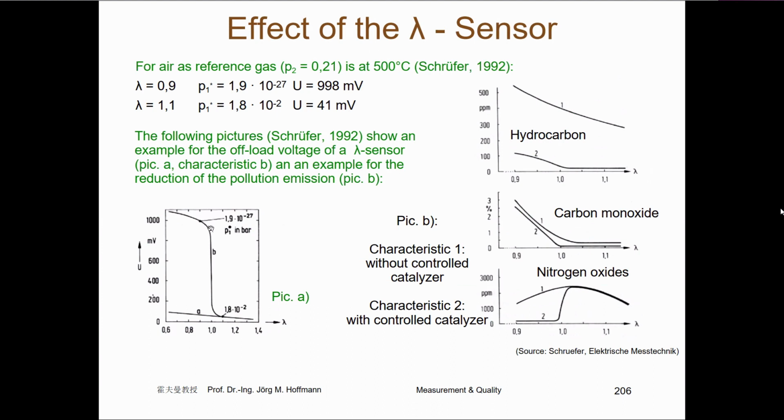And when lambda is 1, you have an extreme decrease of the voltage. Exactly when lambda is 1. That means for the best burning process, you should be in this part of the curve, around 1.